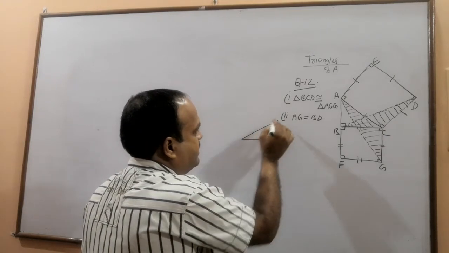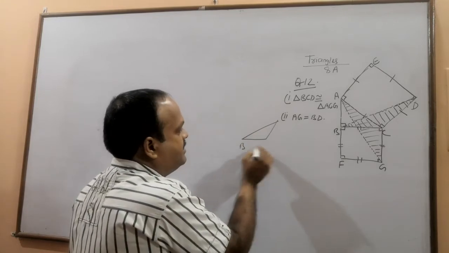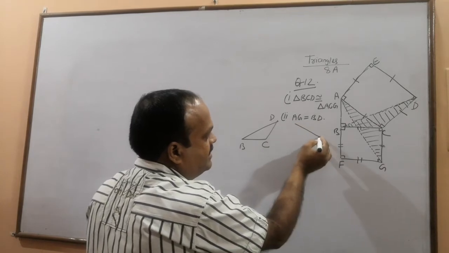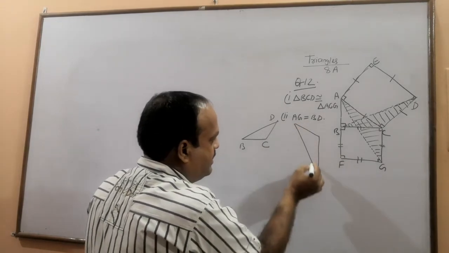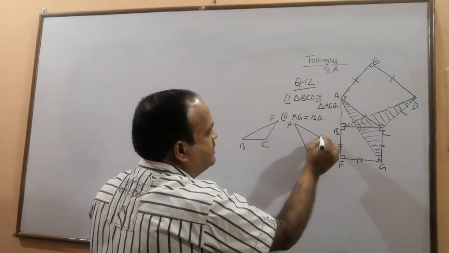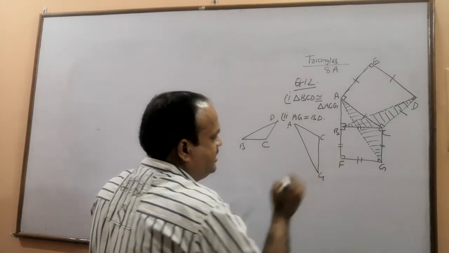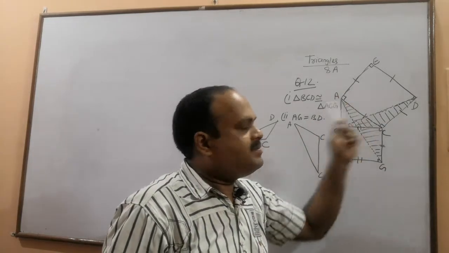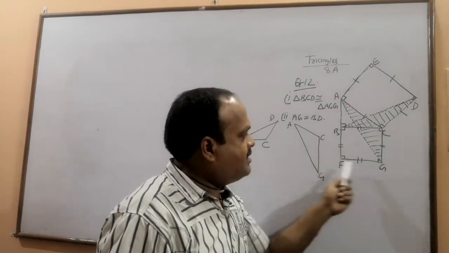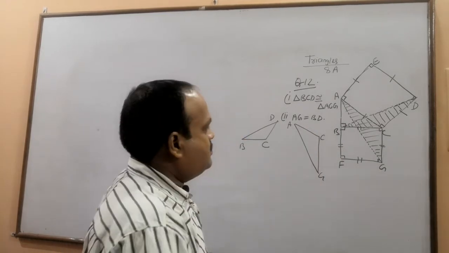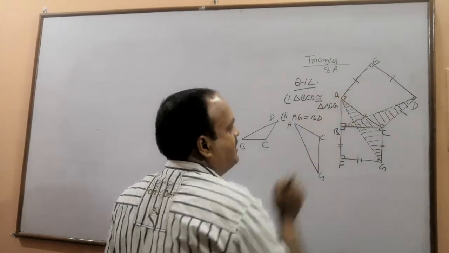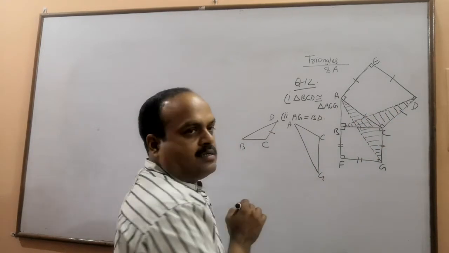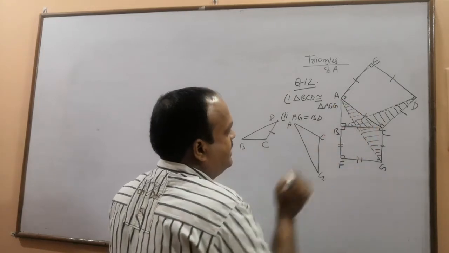Please see B, C, D, and the second is A, C, G. As we discussed that all the sides of this square are equal, all the sides of this square are equal. So I made these symbols on CD, on AC.